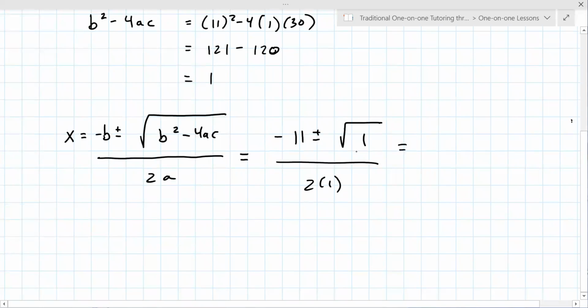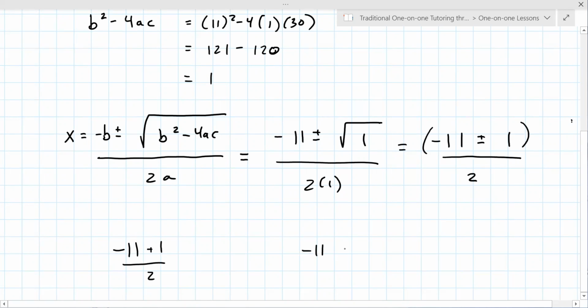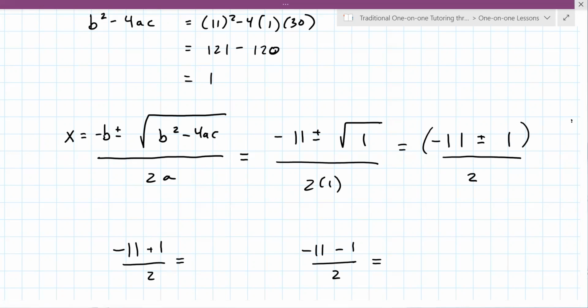What is the square root of 1? 1. Okay, over 2. So again here, this is where there are 2 problems. You have to do minus 11 plus 1 divided by 2, and then minus 11 minus 1 divided by 2. Can you give me those 2 answers, please? Right, so let me write it down.